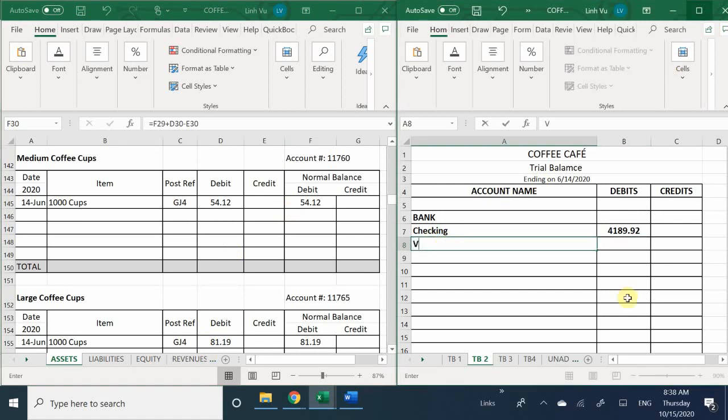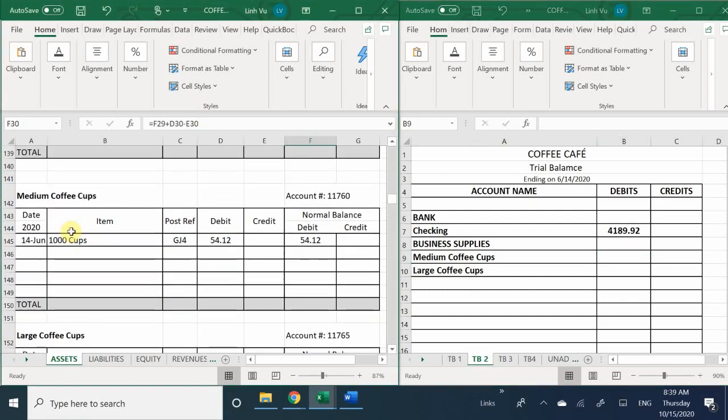So here, I'm going to write my business supplies, and right underneath it, that's where I'm going to break it down: medium coffee cups and large coffee cups, each with a normal balance.